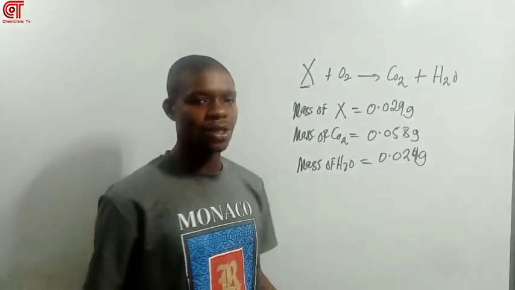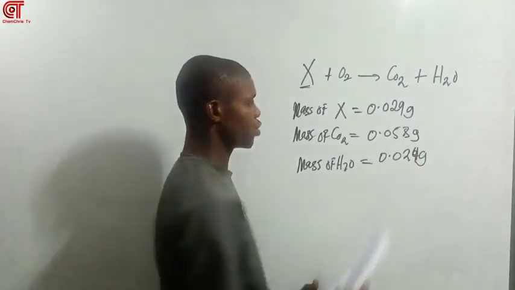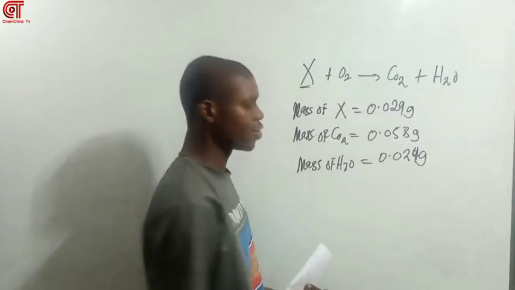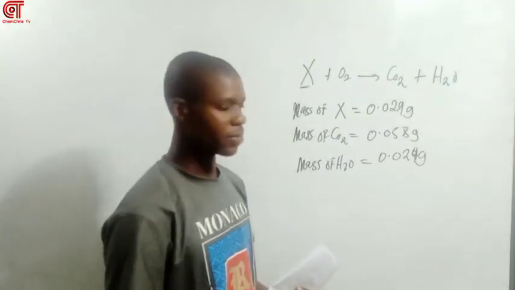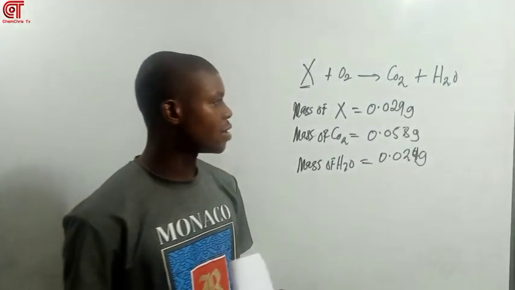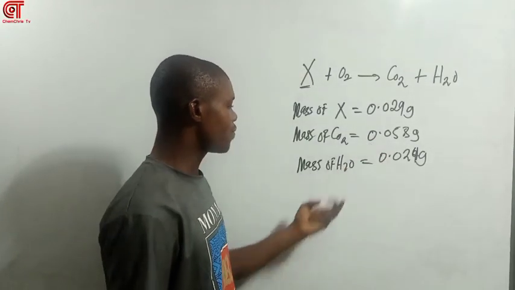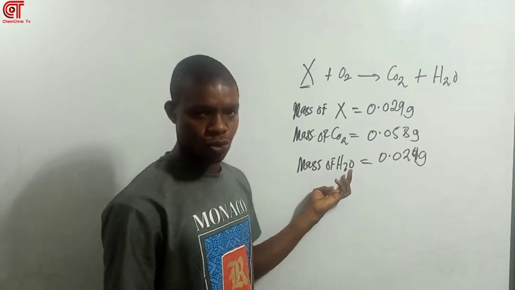From here, no other product was given, just CO2 and H2O, so it may contain carbon, hydrogen, and also oxygen. So we want to calculate the mass of carbon in CO2, and the mass of hydrogen in H2O.